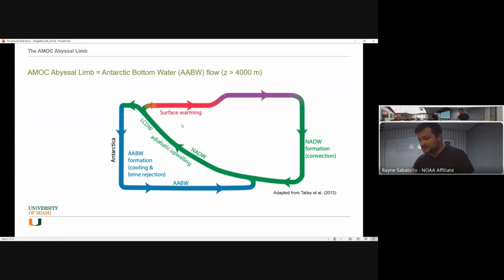In the Atlantic, it's essentially the flow that is mostly produced around the Weddell Sea by deep convection, and these very cold waters sink down to the abyss and flow northward towards the North Atlantic, below the North Atlantic deep water. So we're talking about this lower cell of the AMOC, right?